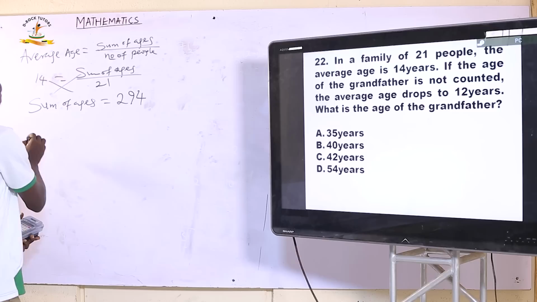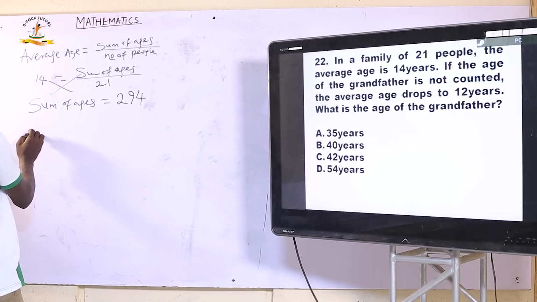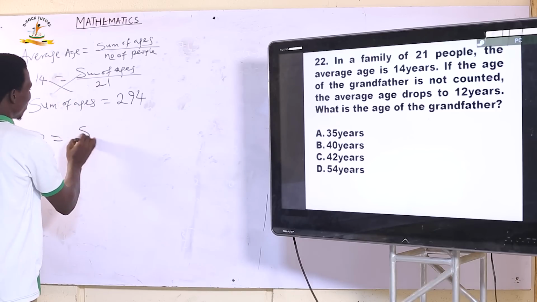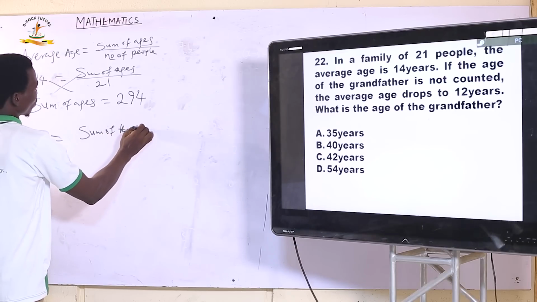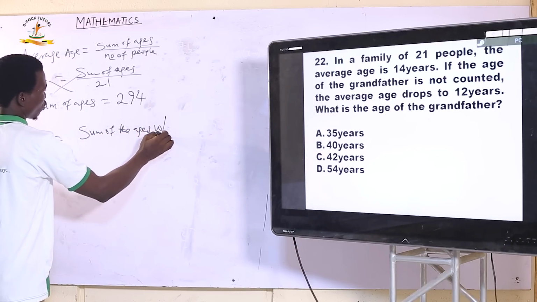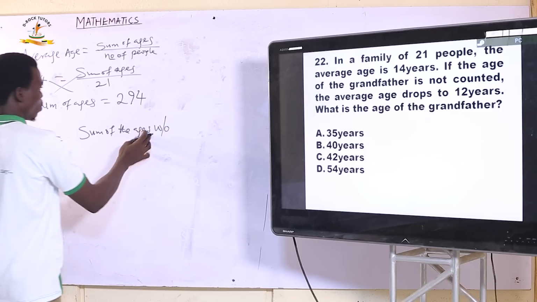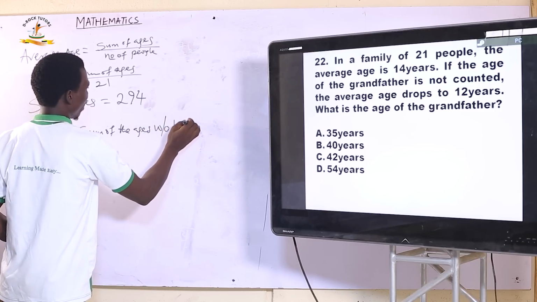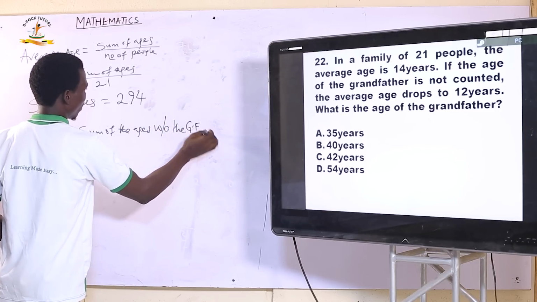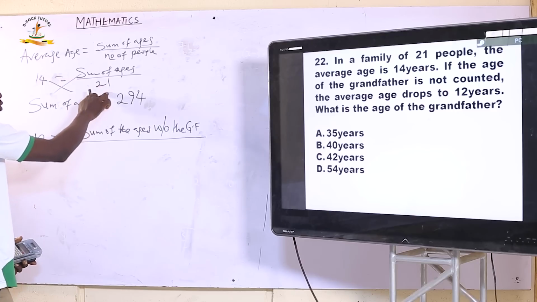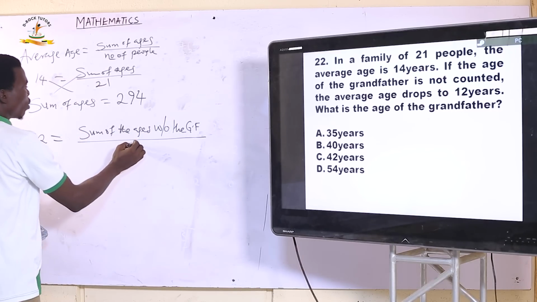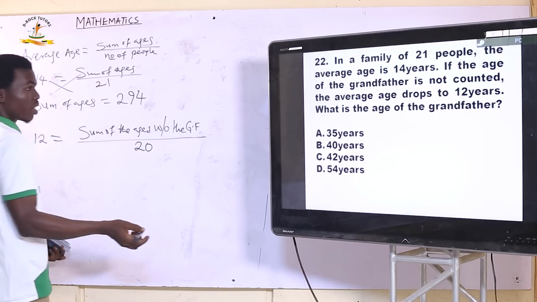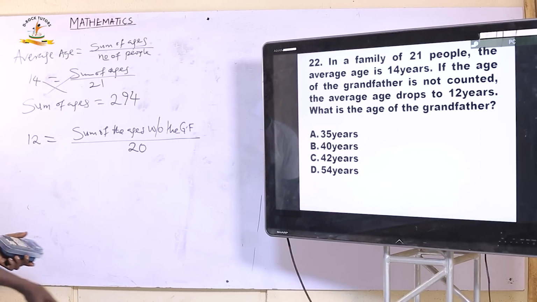So the new average age, 12 years, is the sum of the ages without the grandfather, all over 20, because without the grandfather there are now 20 in the family.